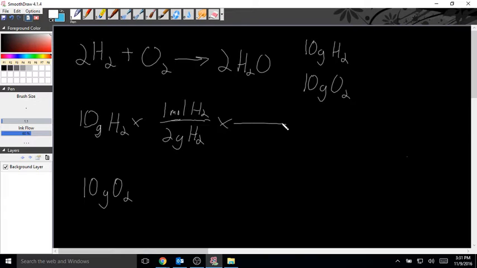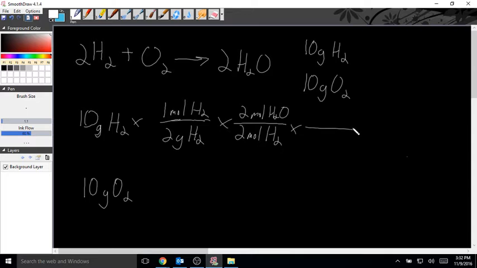The second conversion we're going to look at will be moles of Y, so the moles of water from here, so it looks like it's 2. And then over the moles of X from the chemical equation, so if I'm looking at H2, I'm looking at 2 as well.